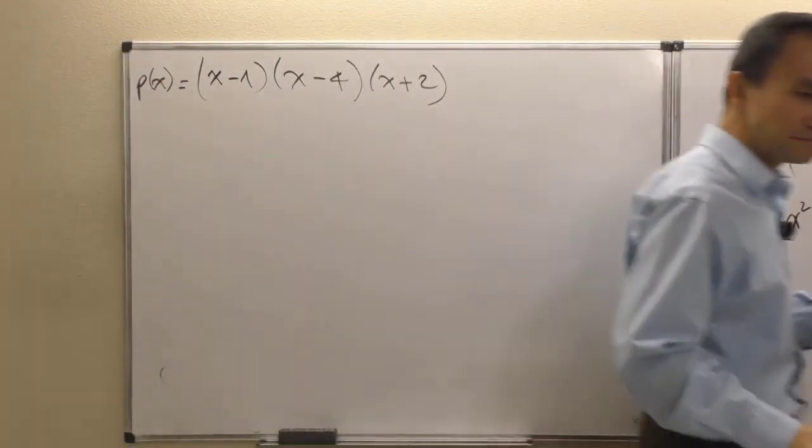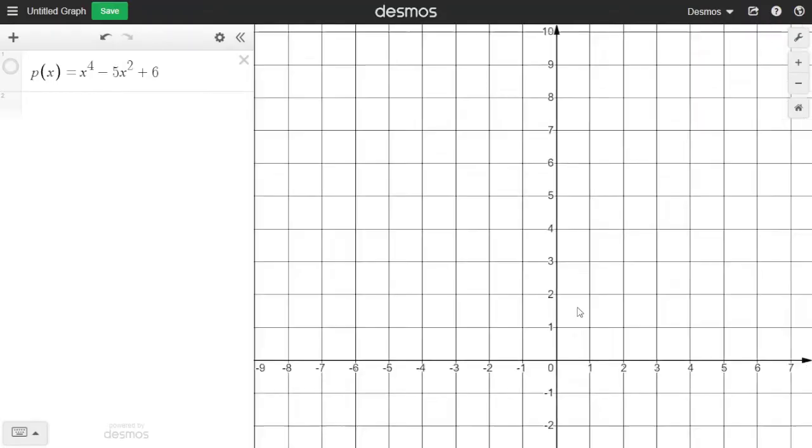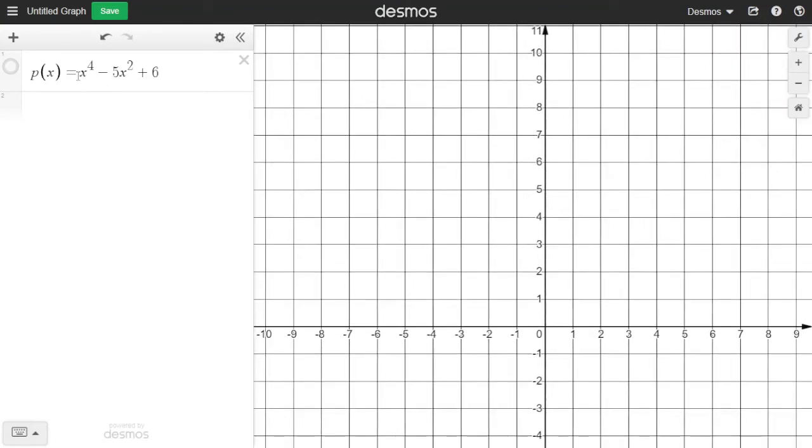So now on my graphing utility with decimals right here, let's type it in, in factor form: x minus 1, x minus 4, and x plus 2.